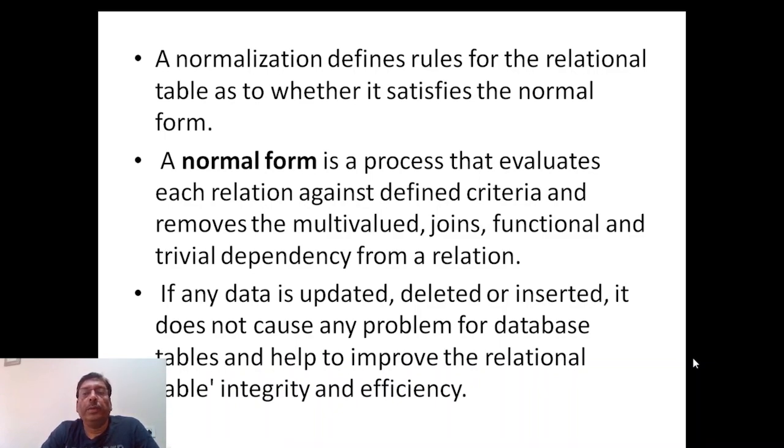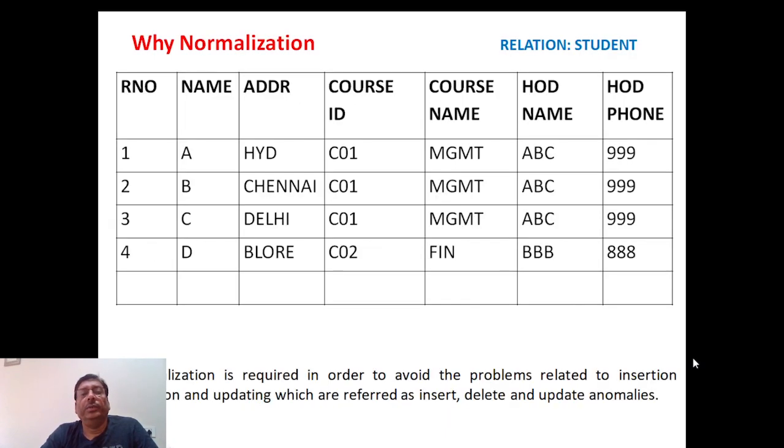Normal form is also a process that evaluates each relation against defined criteria and removes multi-valued joins, functional and trivial dependencies from a relation. What exactly we mean by multi-valued joins, functional and trivial dependency, we'll try to understand as we progress in this video. It will also remove the problems related to insertion and deletion of the data.